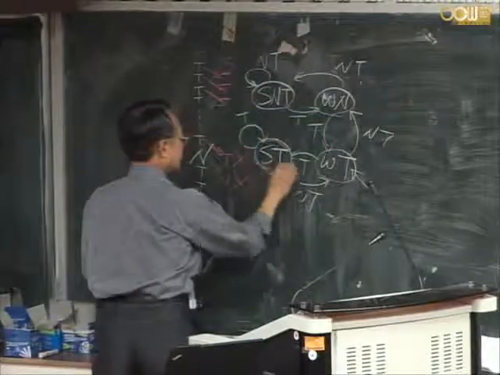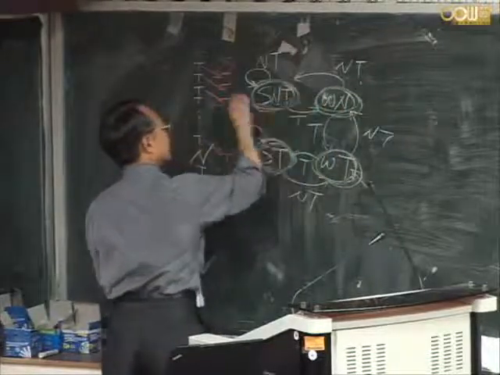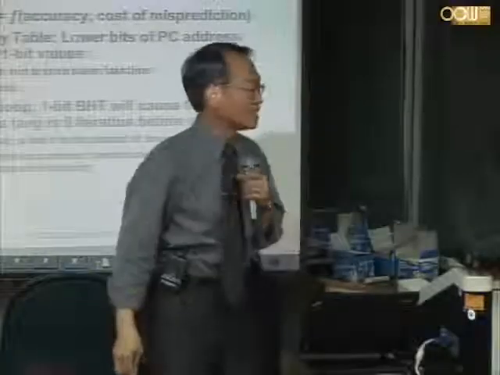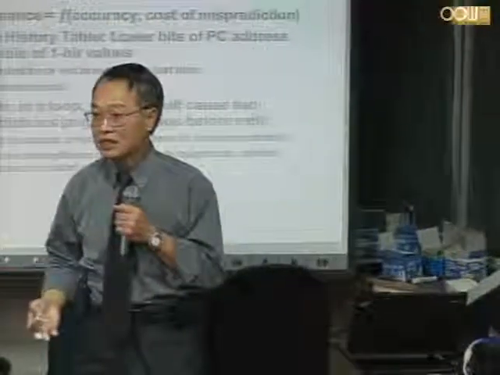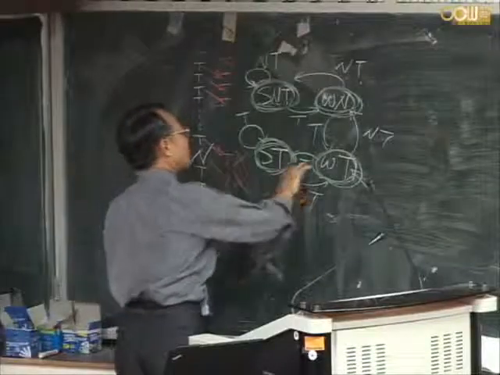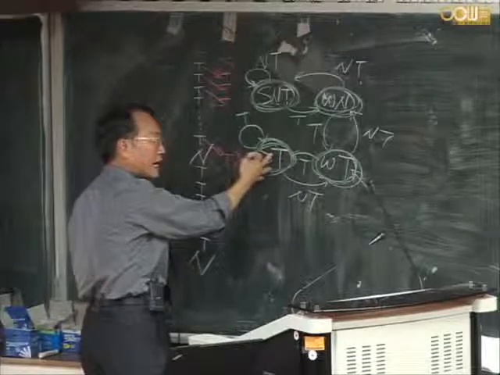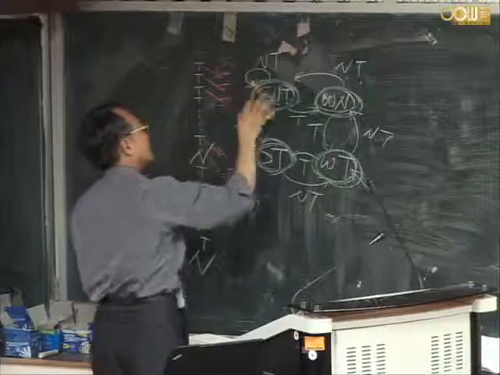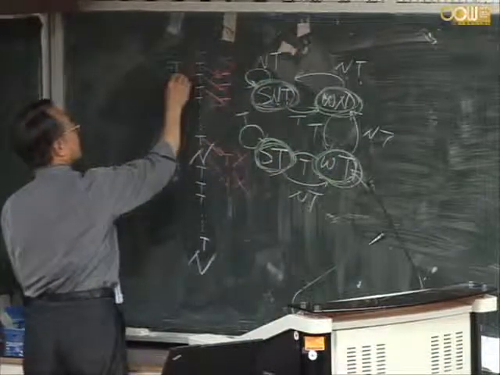So can you see? Now we have 4 states, named strongly taken, weakly taken, weakly not taken, strongly not taken. These are my prediction outcomes. Whenever I see a taken, I have more confidence towards this end. Whenever I have a not taken, I have more confidence towards the other end. And if I use this state machine, then the result will be taken.